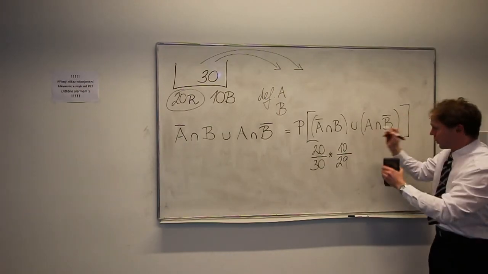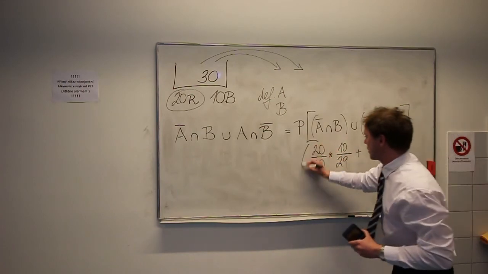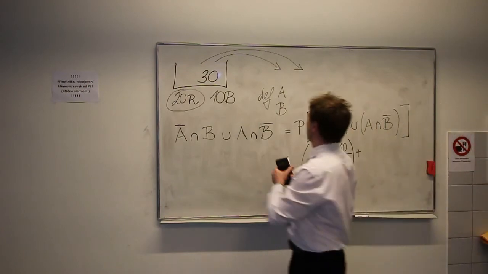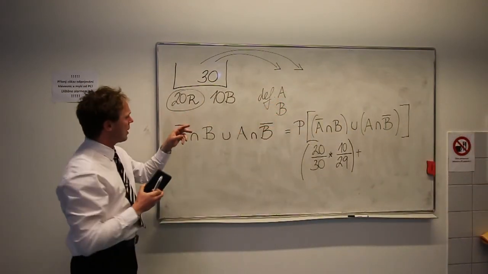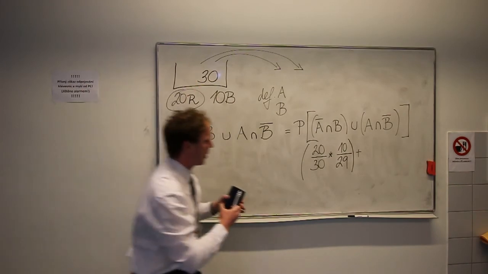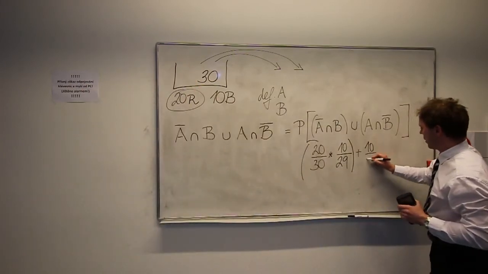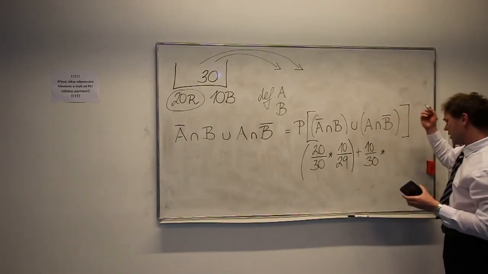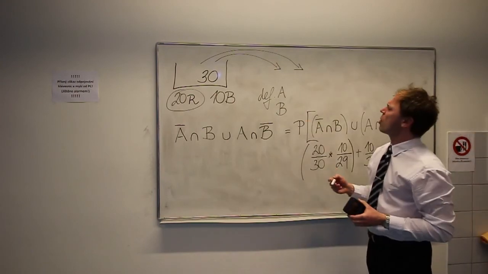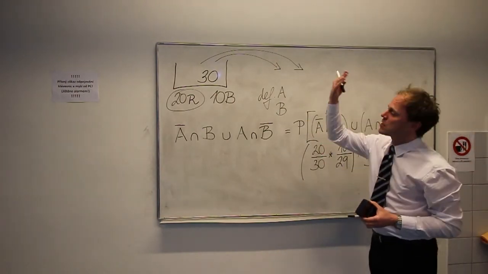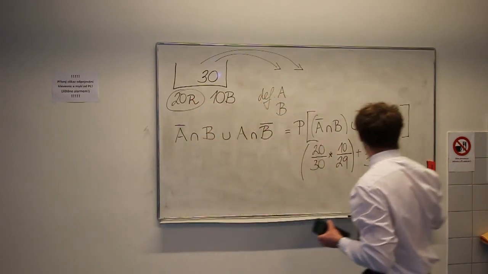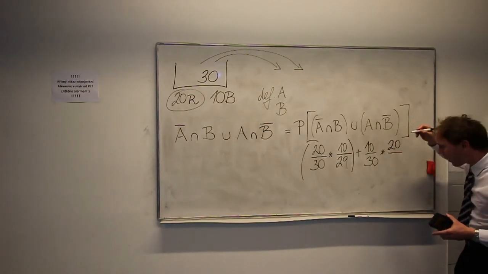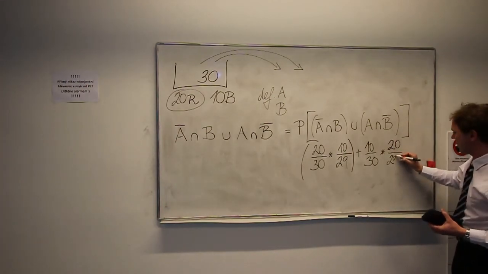This is very important. And a different situation: plus, this is either-or. I will check the definition of A, the first selected card is blue, 10 divided by 30, the basket was full, and B none, the second one is red. I have here 20 red cards, but I know that the basket has one card less, so 29.